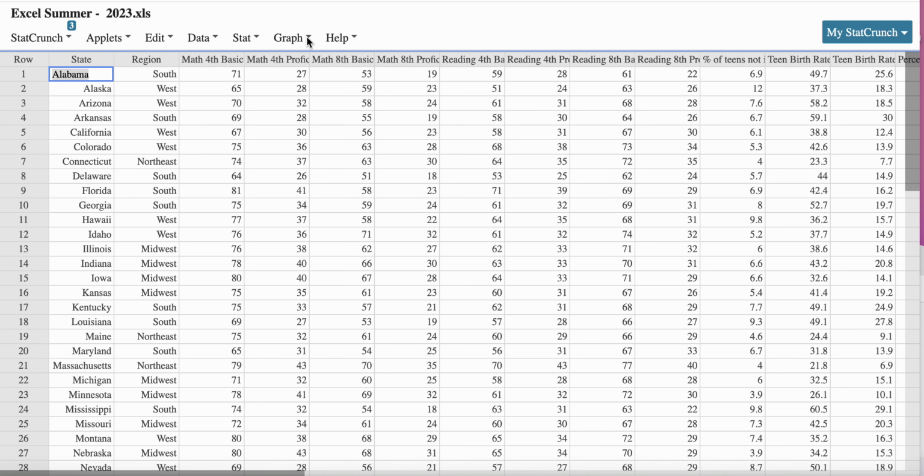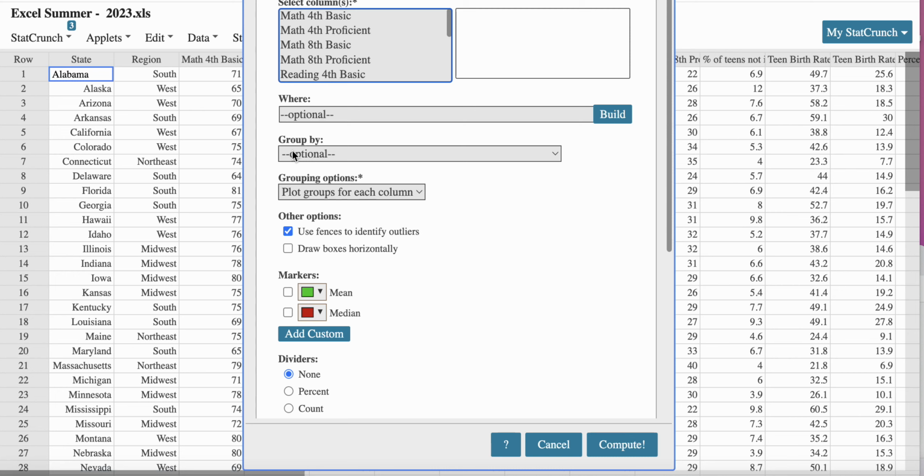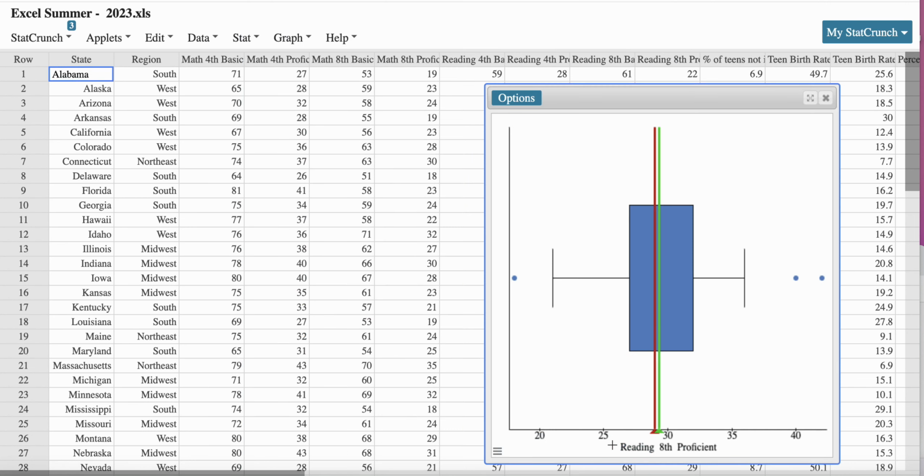We're going to do that by going under Graph and Box Plot, and we're going to pick reading 8th grade proficient as our studied variable. We're going to click, I like them horizontally, mean and median, and we're going to compute.